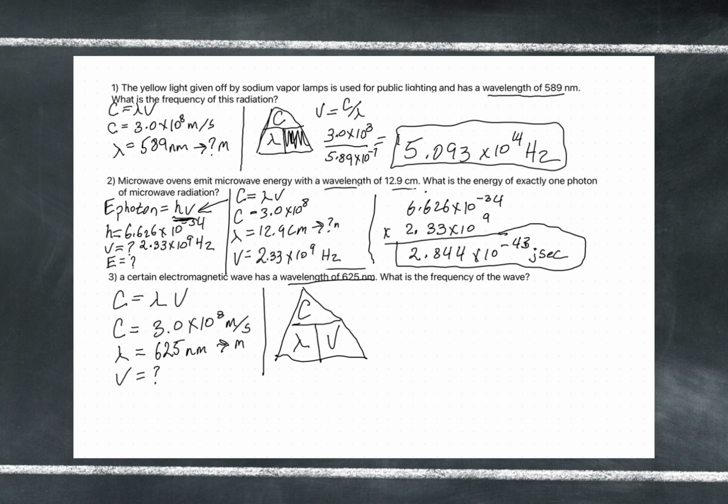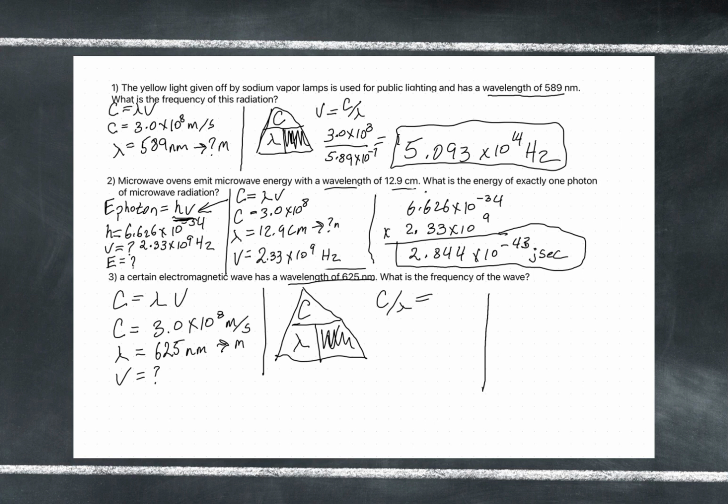We're wanting to solve for frequency, which is v, so if we cover that up, we have c over lambda. So our equation is going to be speed of light over wavelength equals frequency, but our kicker is we got to get our wavelength into meters.